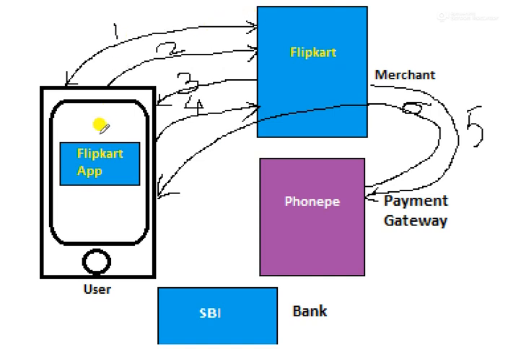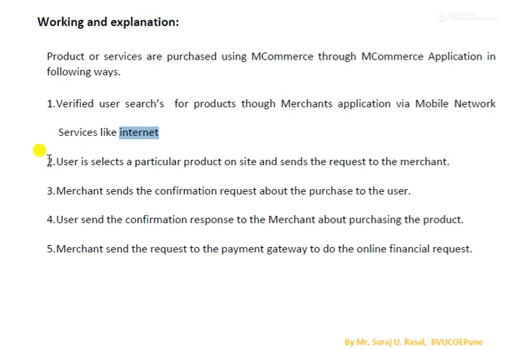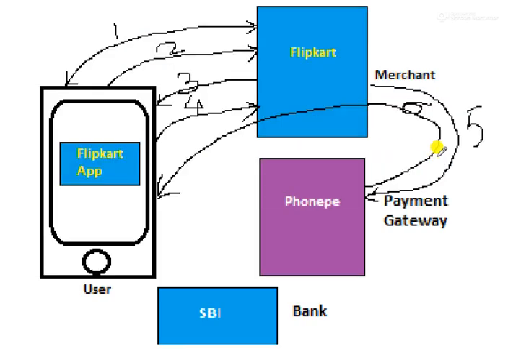Here the second step is: the user selects a particular product on the site and sends the request to the merchant. What this means is that right now the user is ready to buy a product, which we have considered to be a book. So the user wishes to buy a book through this merchant, that is, through Flipkart.